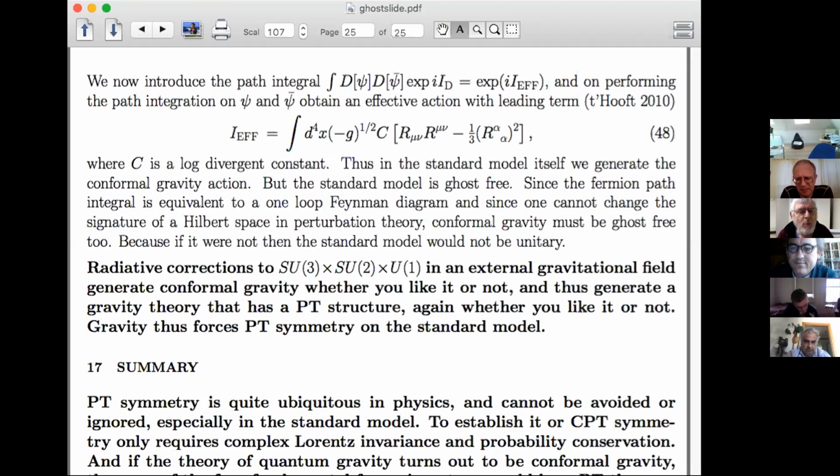However, one thing is left. Could the residue at the pole, instead of being negative, be zero? And the answer is yes, if you have a fixed point. So the fixed point will solve the Landau ghost problem, and at the same time will allow radiative conformal corrections to be valid.